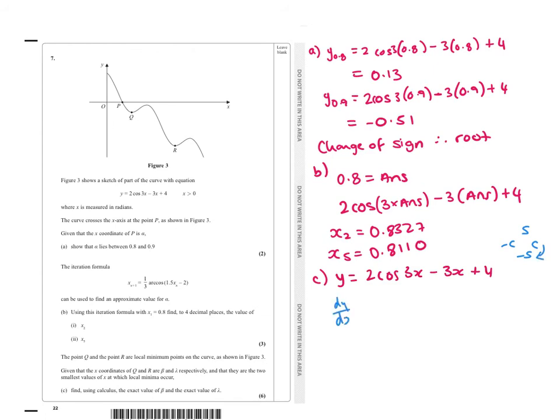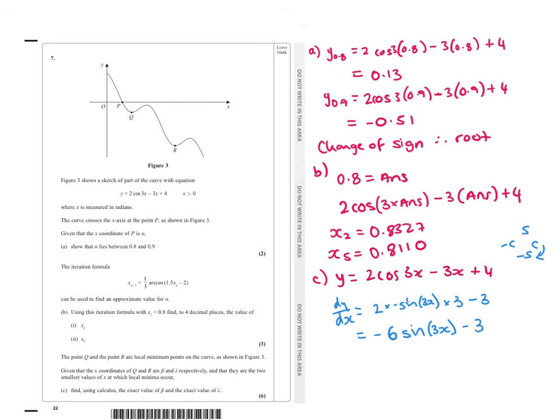So my differential is going to be 2 lots of cos 3x differentiated is minus sine of 3x multiplied by the differential of the bracket because we're using chain rule. So we're going to multiply it by 3. And then minus 3x differentiated is minus 3, 4 differentiated is 0. So if we tidy that up, minus times 2 times 3 is minus 6 sine of 3x minus 3.